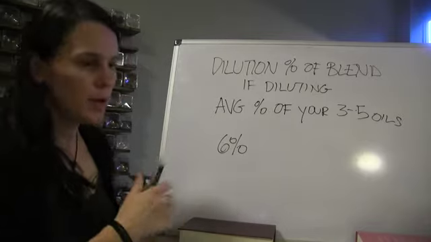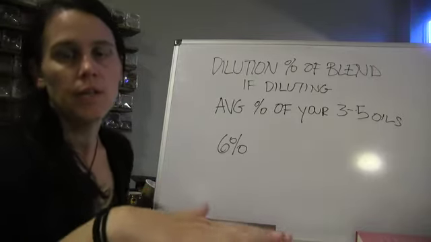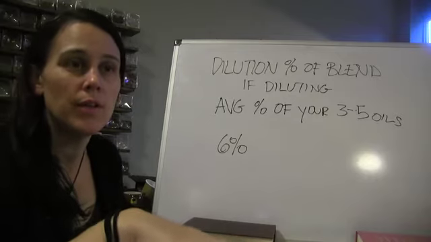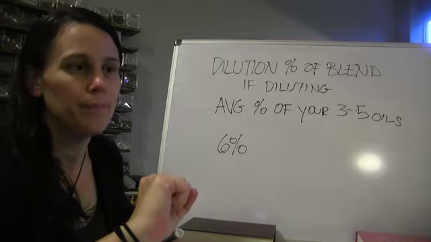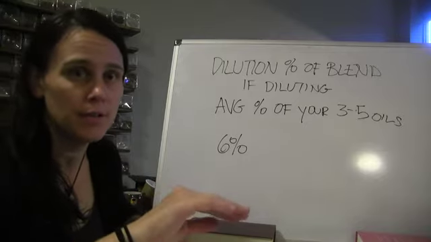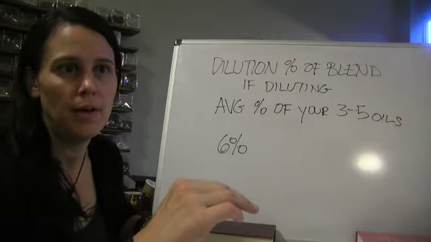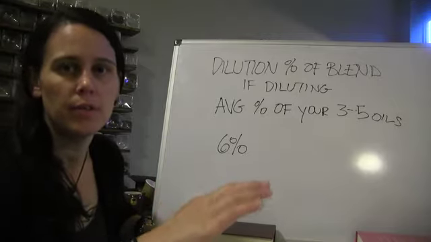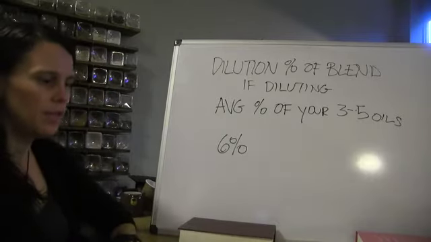And you can kind of eyeball your formula, and the individual dilution rates of each individual oil, and you're going to be like, yeah, that's about 6%. And if you have, like I said, one of those real outliers, it's either really high or really low, and then you add up and you do your percentage math, that could throw things off a little bit and change how you're going to think about it. But 6% is generally a safe dilution.